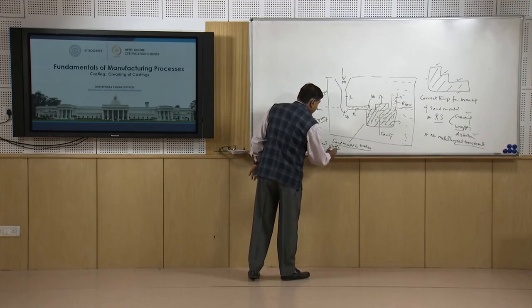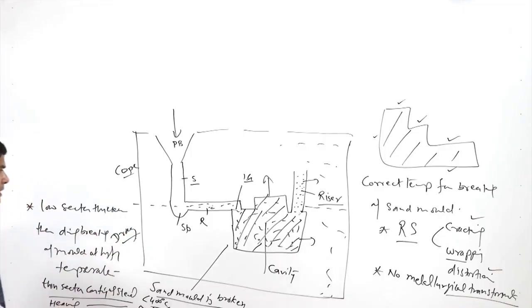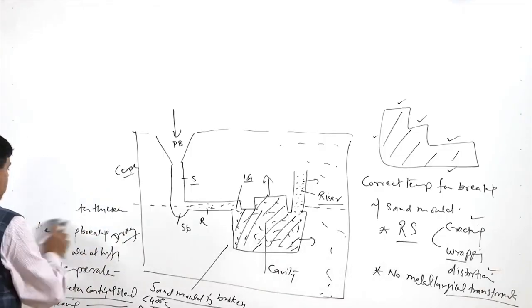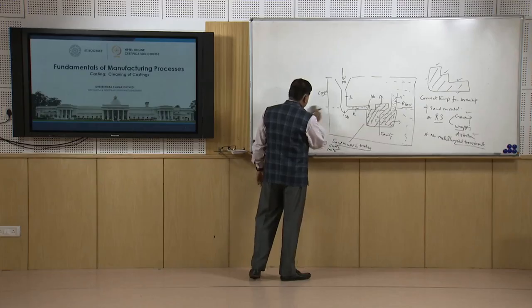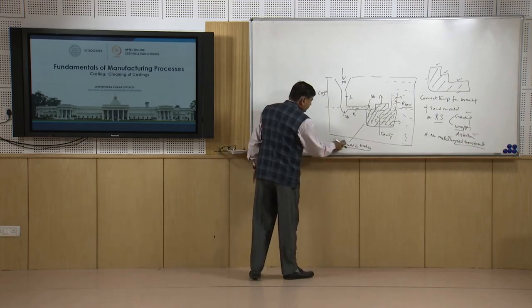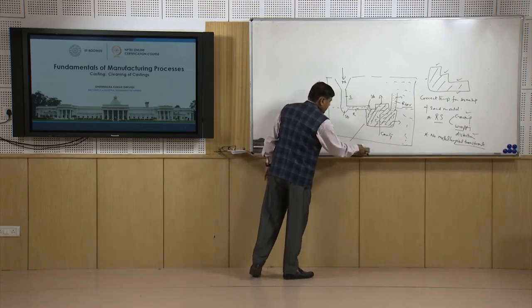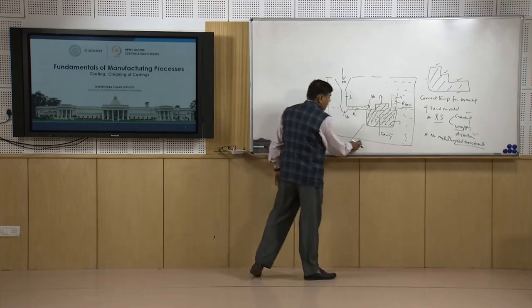So, it can be 500 degrees centigrade at which these need to be extracted. Basically, there are three aspects regarding the temperature at which the casting should be extracted by breaking the sand mold.